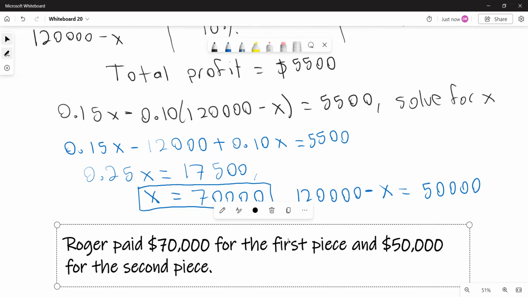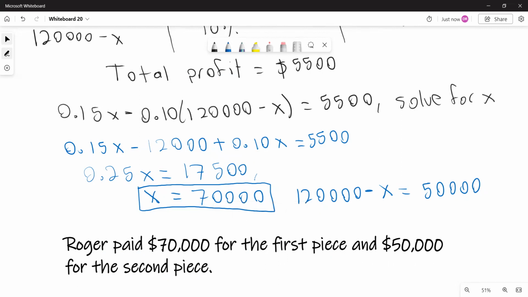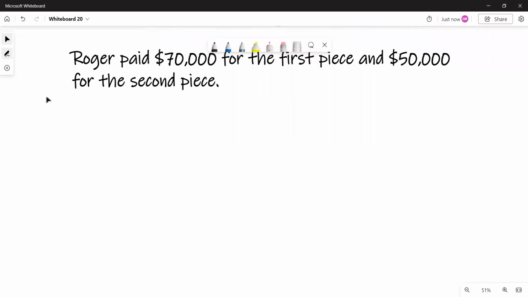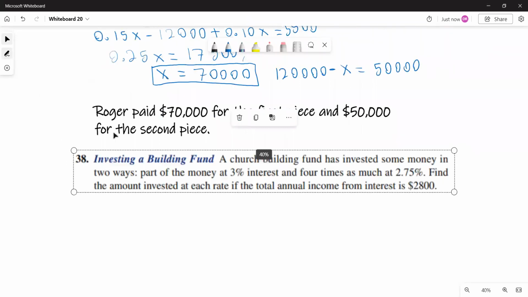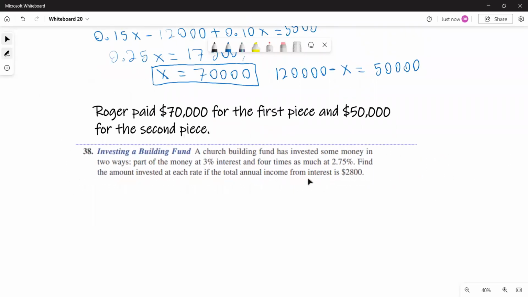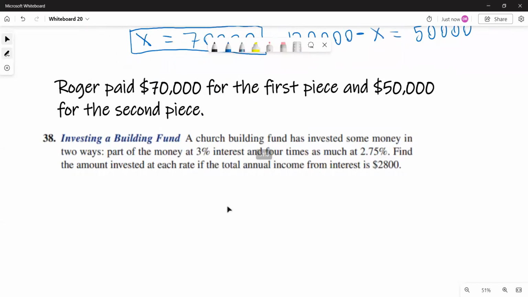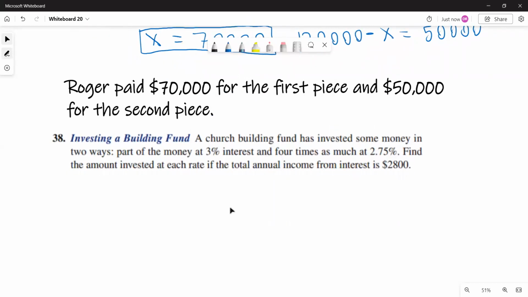And I'm going to do one more example with investments. Okay, same page 103.